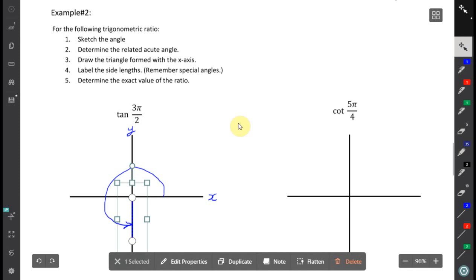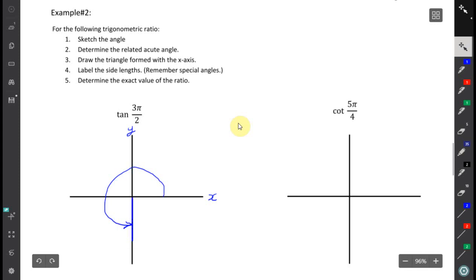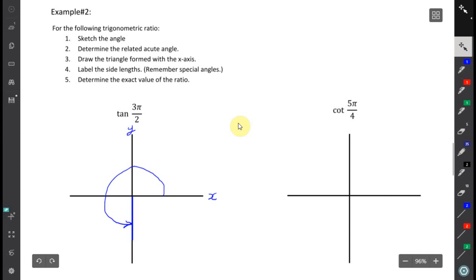So technically, what I have here, I'm just going to draw it over here on the side, is I have this triangle comes out from this side, and technically the hypotenuse doesn't exist, or the adjacent doesn't exist at all.